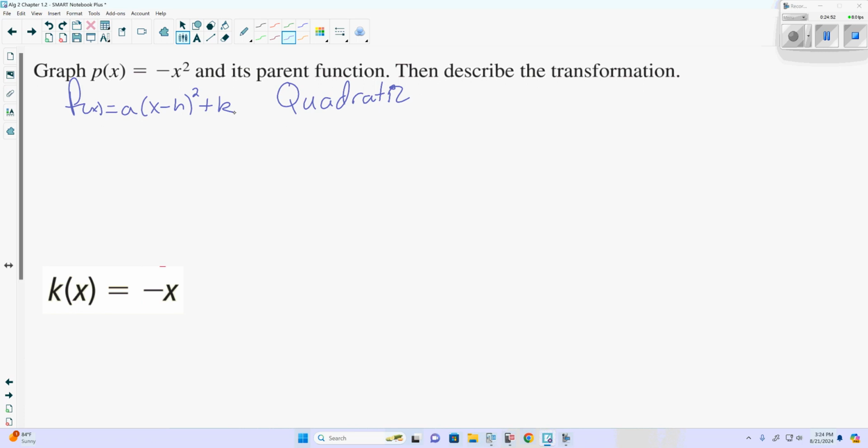Well, there is no h value because there's no parentheses, so nothing being subtracted or added to x inside parentheses. Nothing's added or subtracted outside. The only thing we have is the negative. So our A in this case is negative. It's technically -1, so it is a reflection across the x-axis.